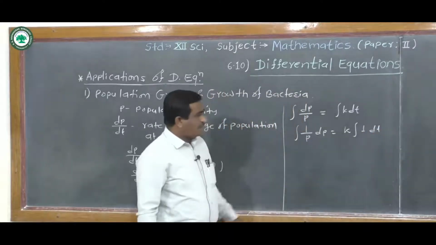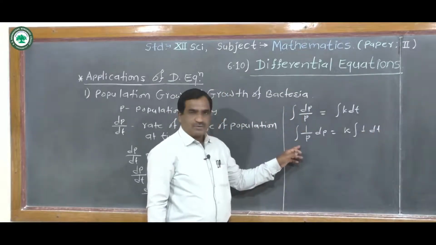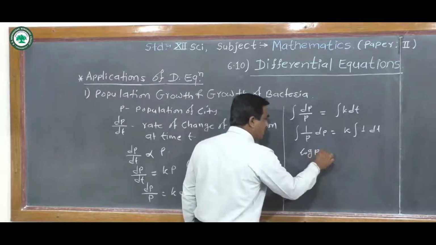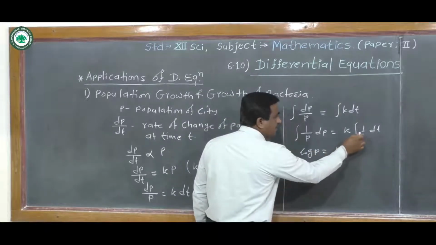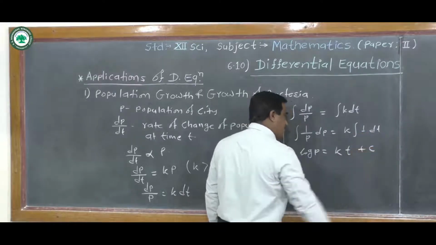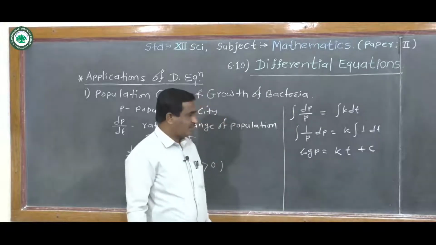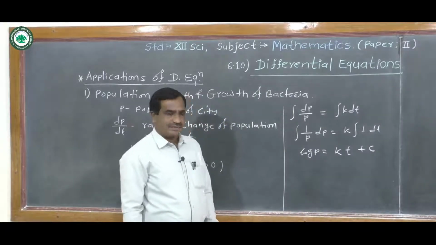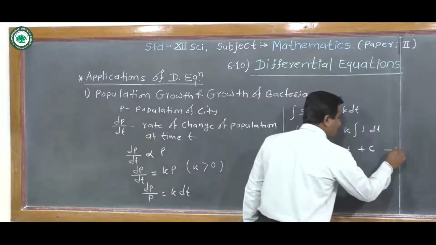Integration of 1 upon P with respect to P is log P, and integration of 1 with respect to t is t, plus the constant of integration C. That is, we get log P equal to kt plus C.